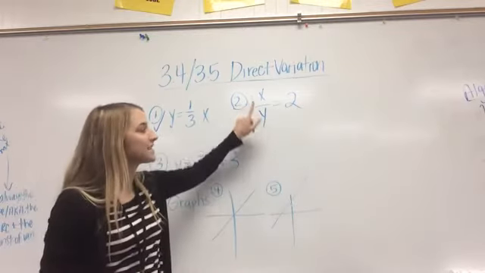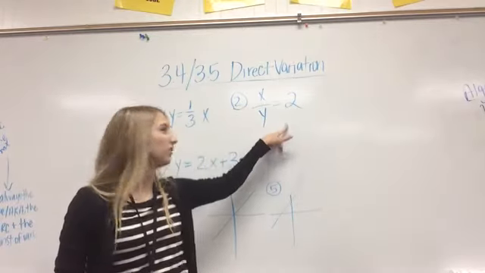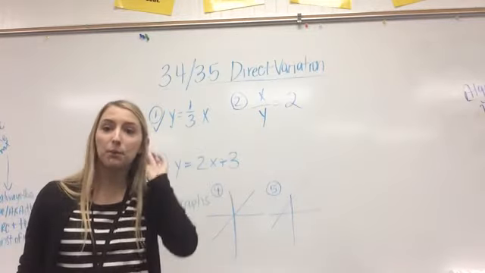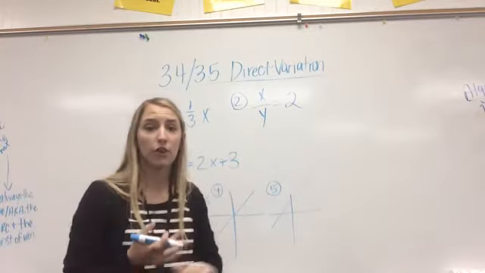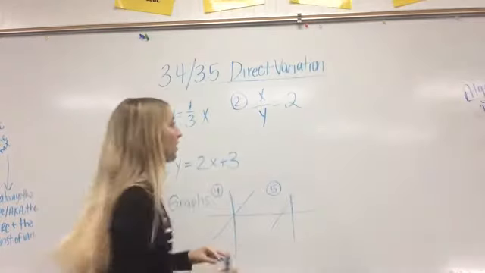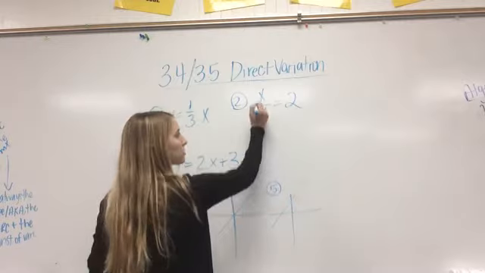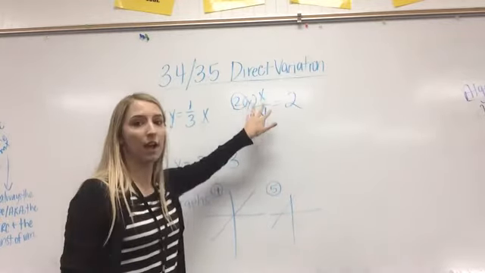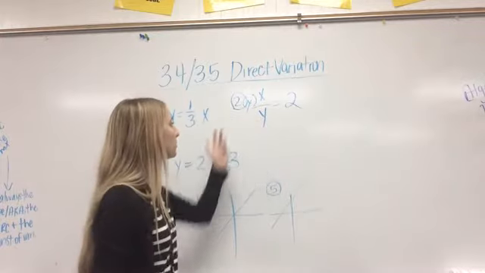Over here we have x divided by y equals 2. I know this doesn't look like y equals mx, but we can actually solve for the correct form. So I have a y over here, so I'm going to multiply by y on both sides because right now I'm dividing by y, so the opposite is multiplying.